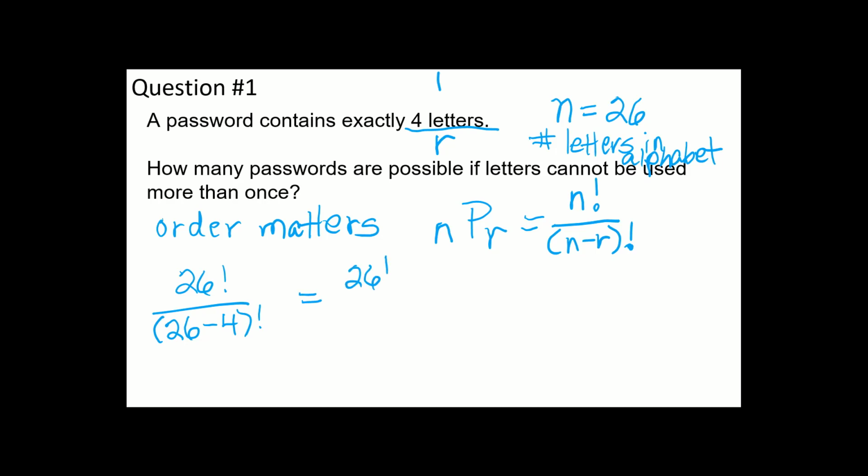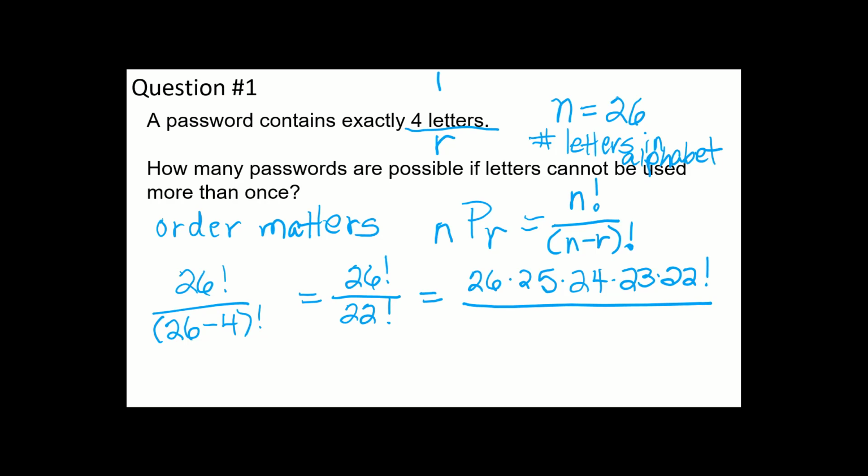So we'll simplify that. That's 26 factorial over 26 minus 4, which is 22 factorial. Now, if you're doing it by hand, we'll write it out this way: 26 multiplied by 25 times 24 times 23 times 22 factorial. I'll stop right there because we have 22 factorial on the bottom, so I'll cancel here.